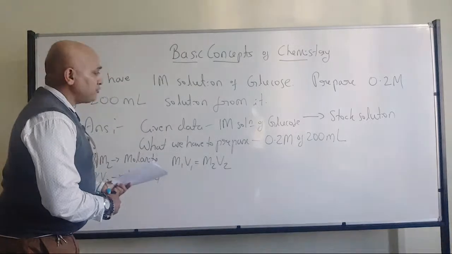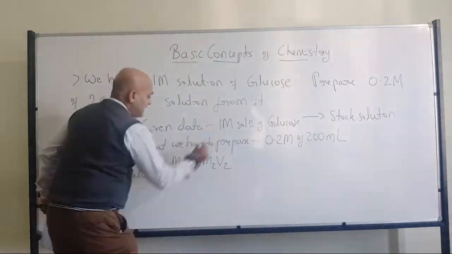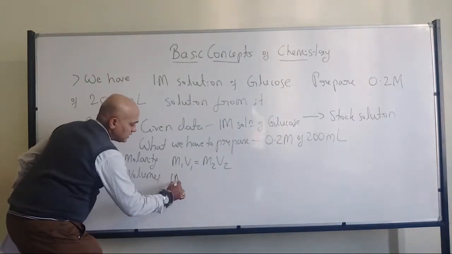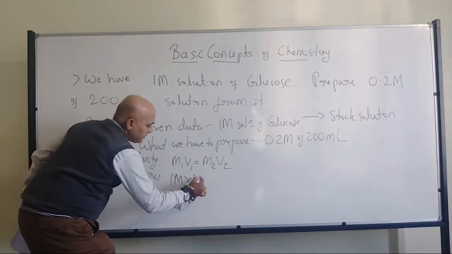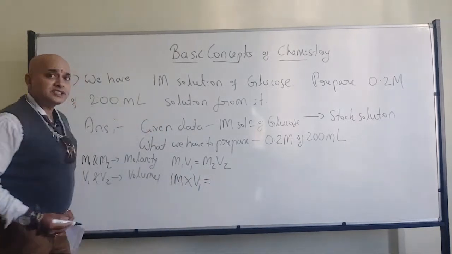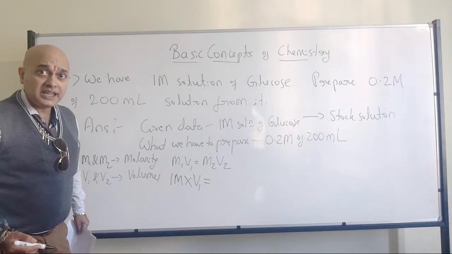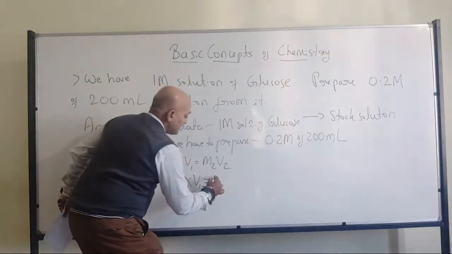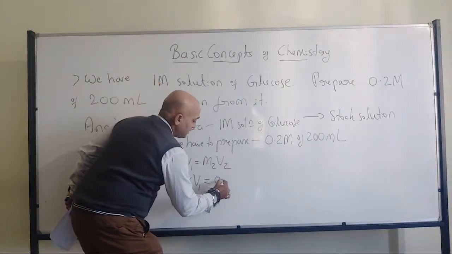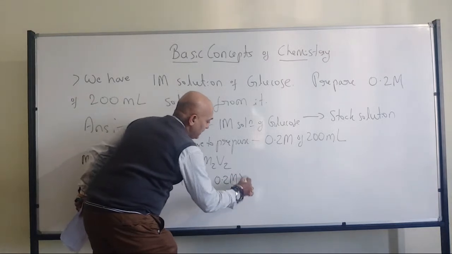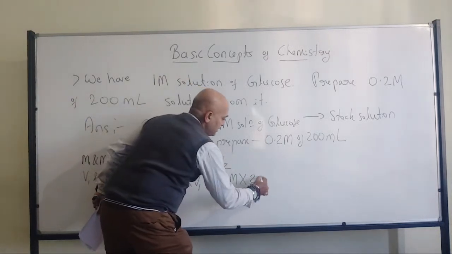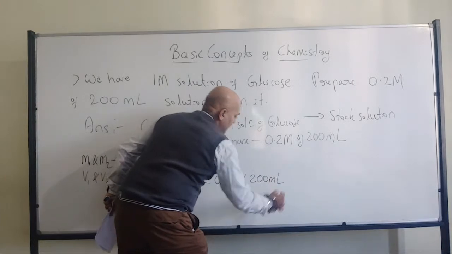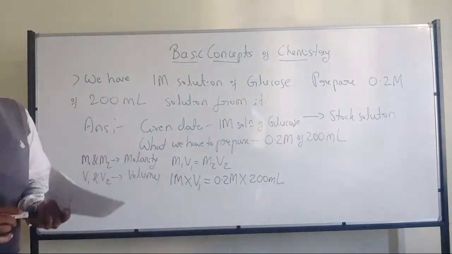So I will take M1 as 1 molar, V1 I don't know, M2 is 0.2 molar, V2 is 200 ml. All of you have understood?